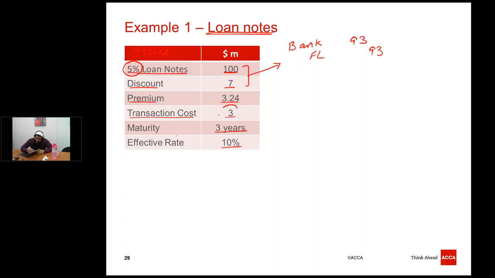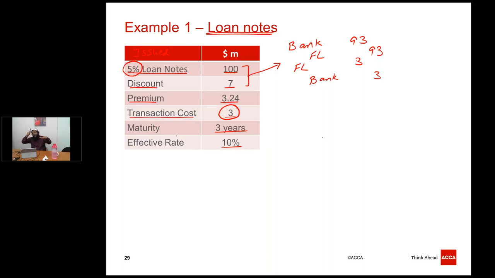Then we have paid a transaction cost of 3, so bank credit by 3 and financial liability debit by 3. So the financial liability would become 90 in this case. So the transaction cost has reduced my liability.